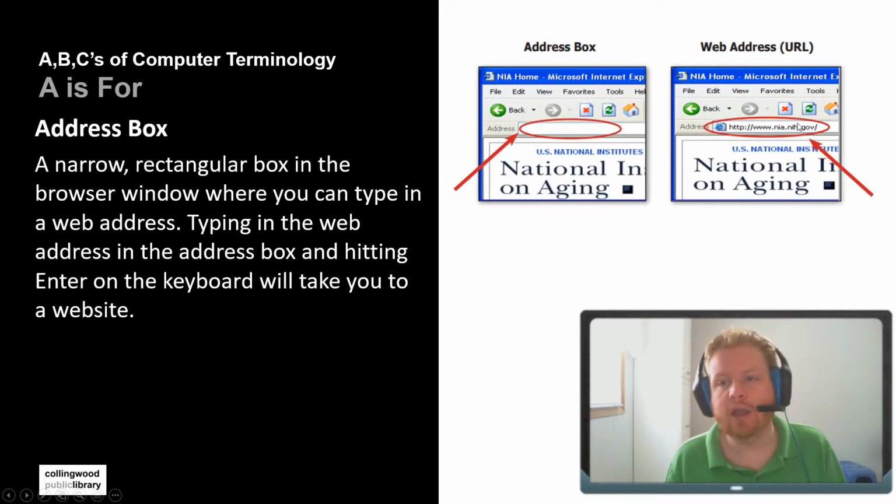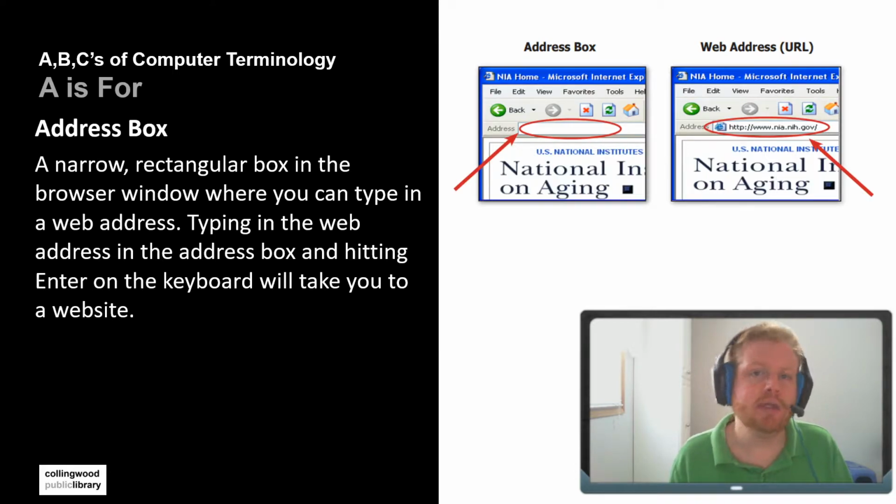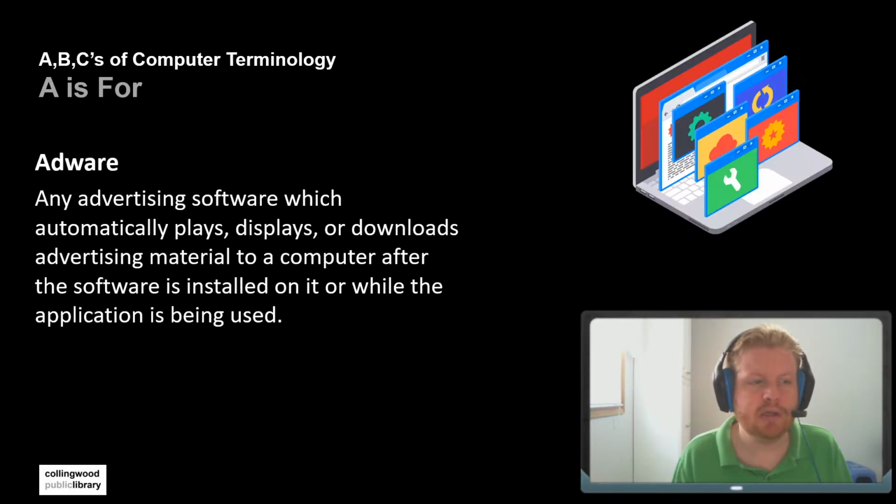Generally it's going to be filled with information, the web address of wherever we're going. We can type this in ourselves. For example, if we wanted to go to CNN, we would just put www.cnn.com, hit enter, and now we're on that website.